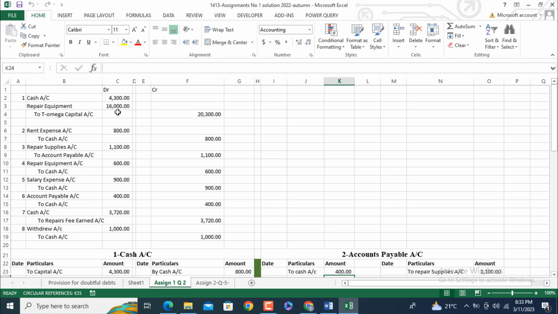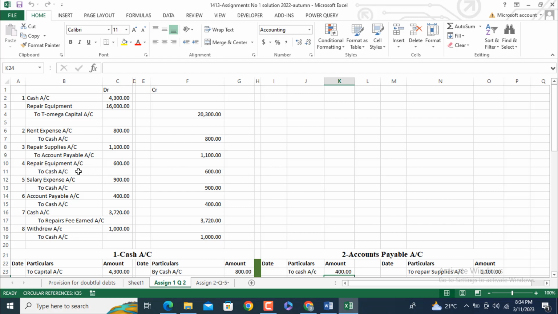Repair equipment is equal to 16,000. The total goes to the Ornega capital account, 20,300. Then the second transaction is related to rent expense, which is paid in cash. Rent expense account to cash account 800. This is the debit side and this is the credit side. The third transaction is related to repair supplies to accounts payable, 1,100 and 1,100.